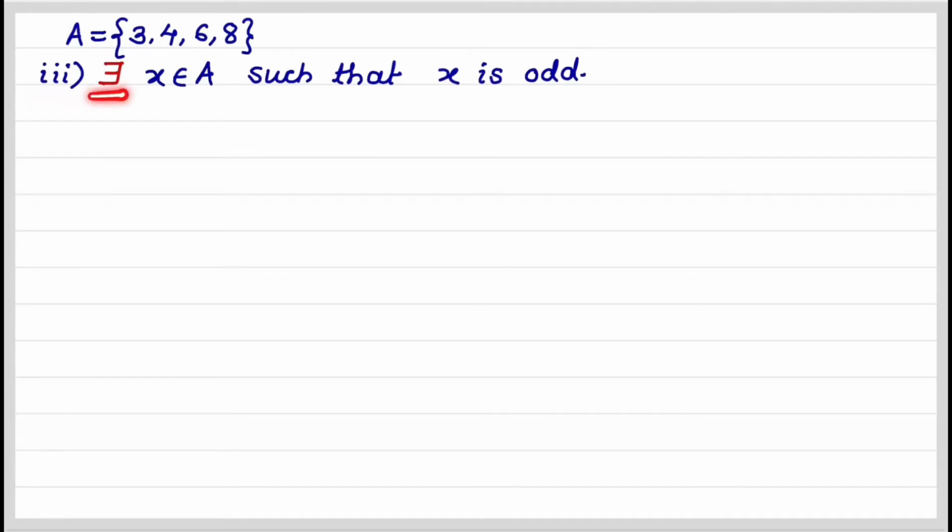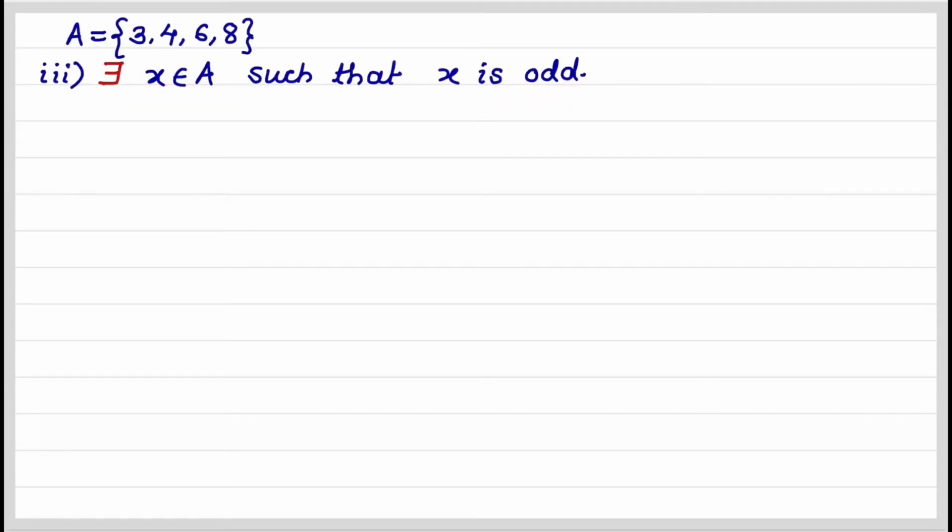Again I will write just A is the set 3, 4, 6, 8. Now third example: there exists x belonging to A such that x is odd, where such that is a connective between these two.